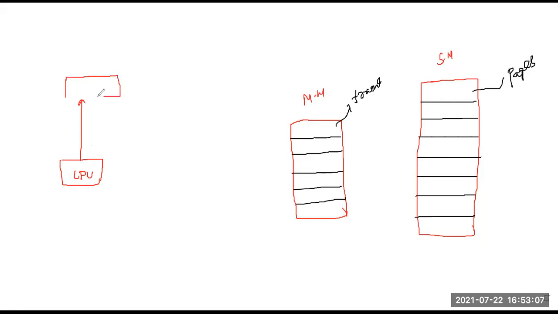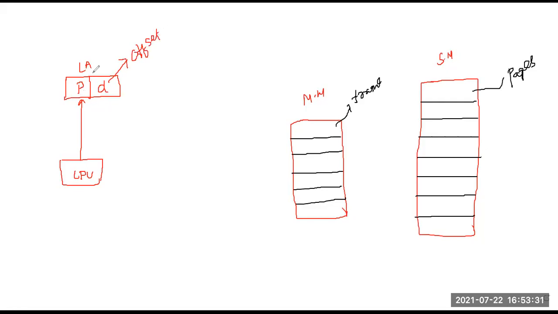Now this logical address has two parts, which I will call P and D. P represents your page number and D represents your offset address, the instruction offset.